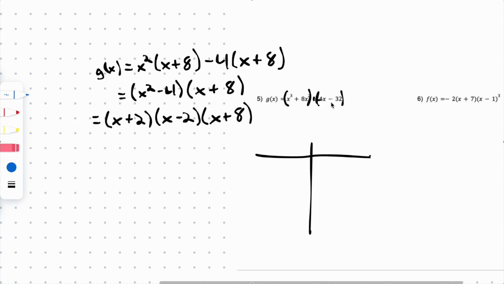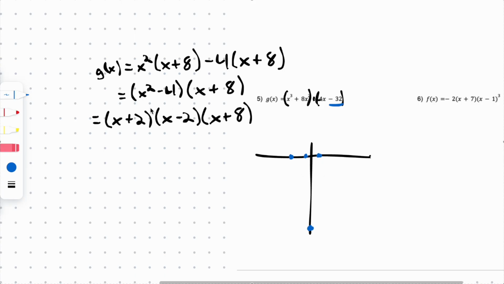We have our y-intercept of -32. So I'm going to put a point all the way down here for -32. And we have a zero at x equals -8, something there-ish. We also have zeros at x equals -2 and x equals 2, so something like that.